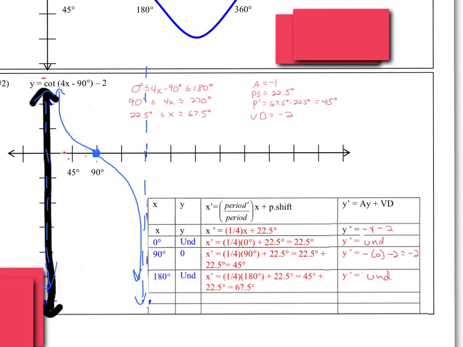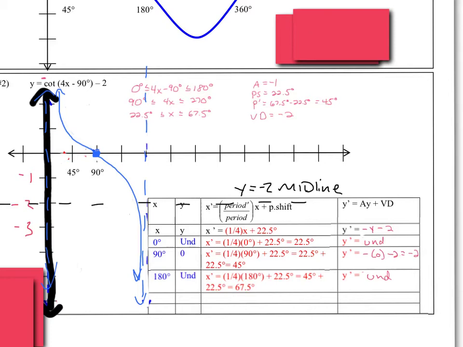Before we graph this function, you want to put your midline in. Assuming that I'm counting by ones here, like so. Our vertical displacement is negative 2, so the midline is going to be here at negative 2. I want you to put that in every time it's not the same as the parent.